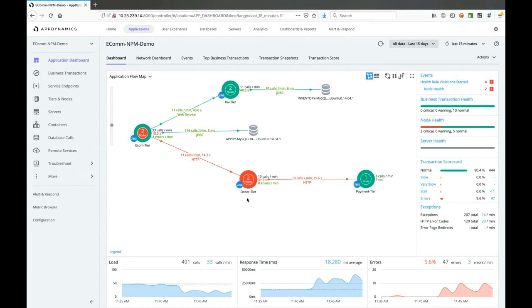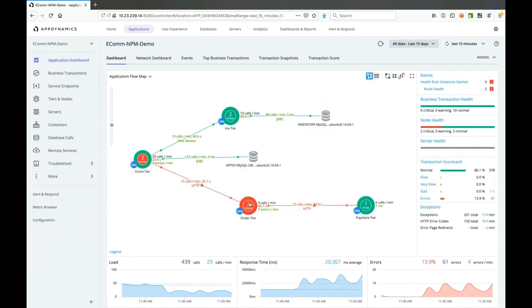The error thresholds have increased, so it shows the order tier is almost down, looking at the health rule violations. To debug this, without having the complete information about the network, it's difficult to tell where exactly the problem is happening, if it is a network problem or an application problem.